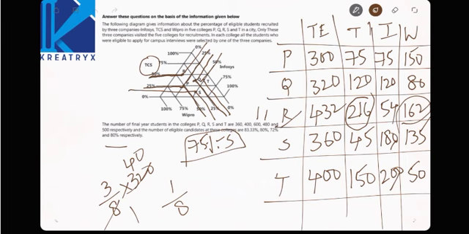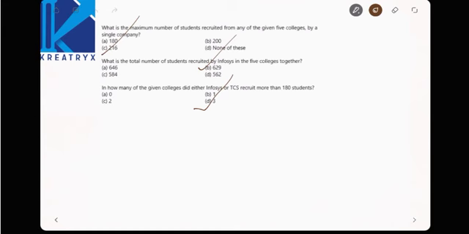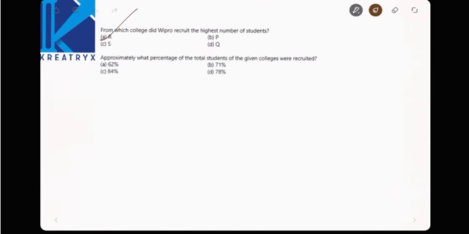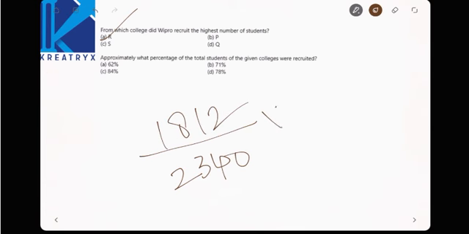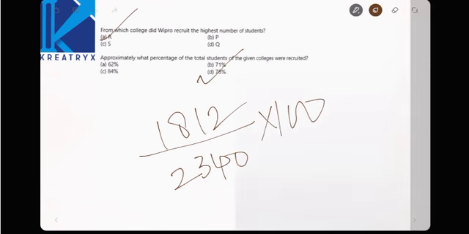So the total campus placement is how much? See here. Out of 2340, 1812 members are selected. That is nearly equal to 78 percent. Now check the calculation, that will be very easy for you.